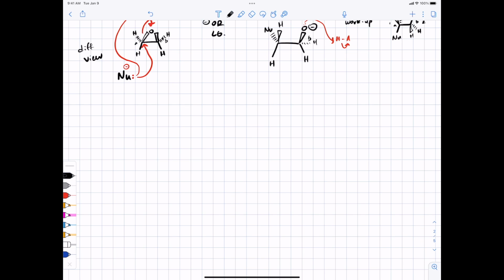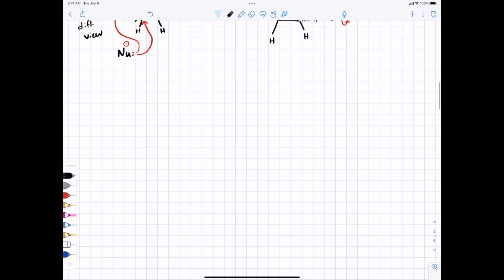in which stereocenters are involved. Okay, so we'll do this epoxide. Is that epoxide chiral? Why is it not chiral?